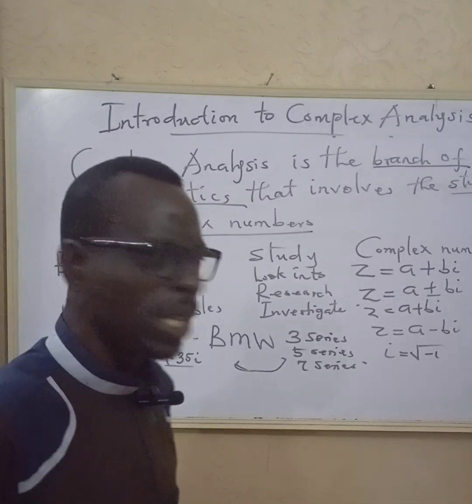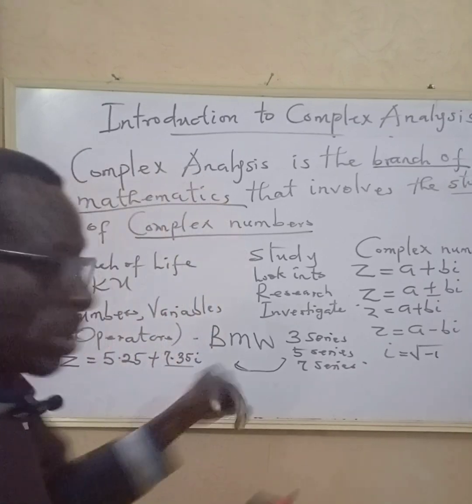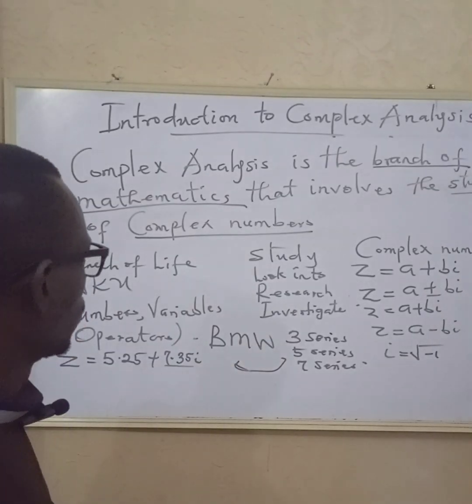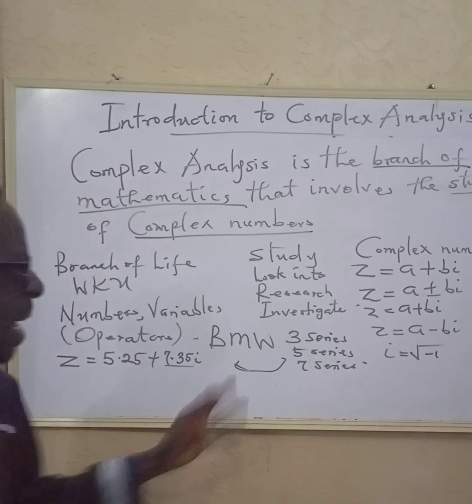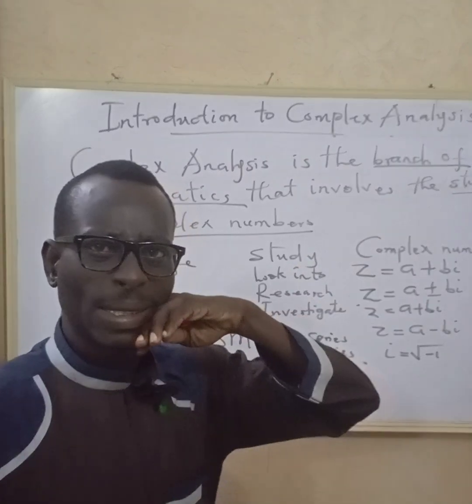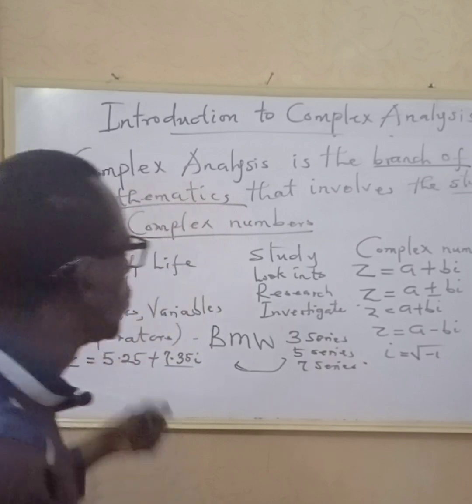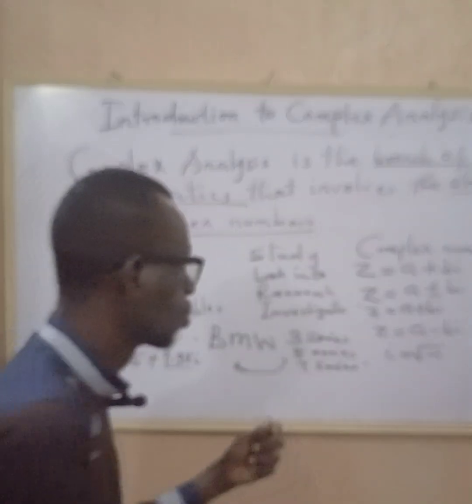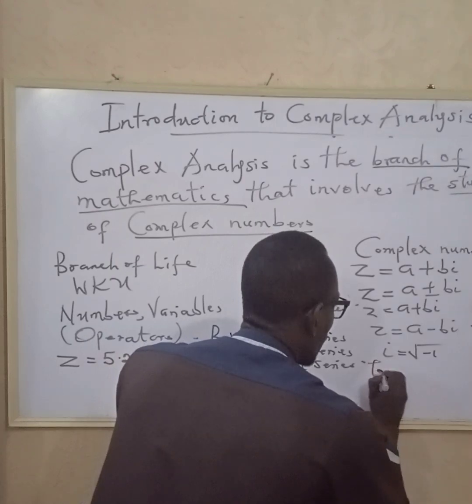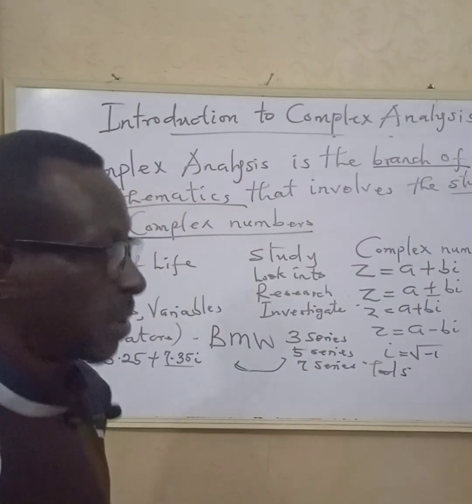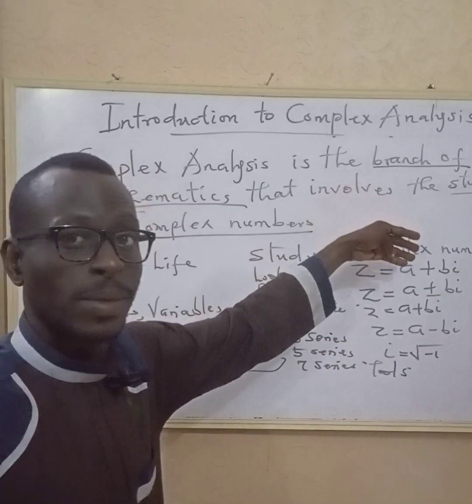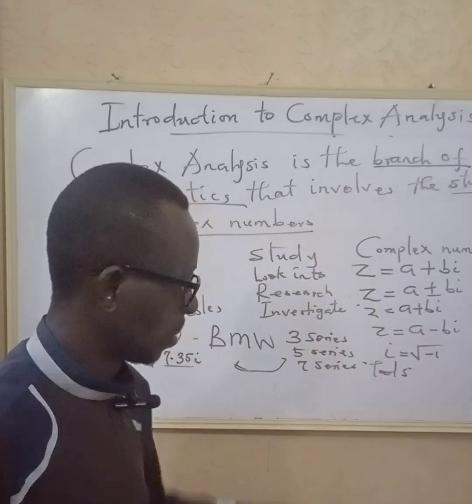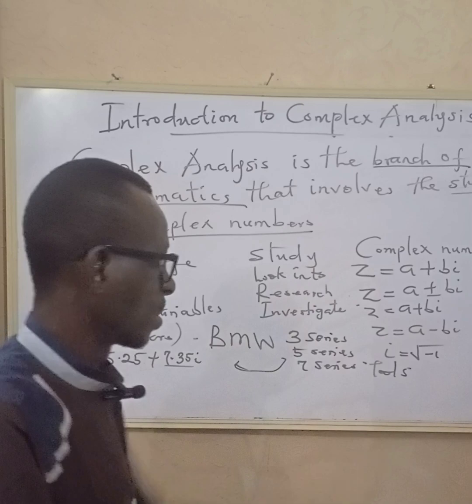Now, you are looking into the operation of the BMW automobile. Let's compare that with the complex analysis, complex numbers. You begin to use the mathematical operators, which are the tools to solve these problems, to turn it into a meaningful platform whereby you'll be able to understand various levels.